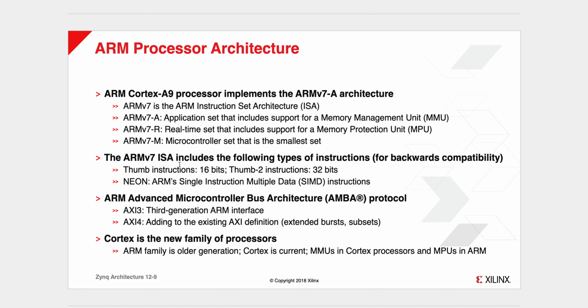The Thumb instruction is a 16-bit instruction, and Thumb-2 instructions are 32-bit instructions. The NEON instruction is also known as the single instruction multiple data instructions, or SIMD instruction.